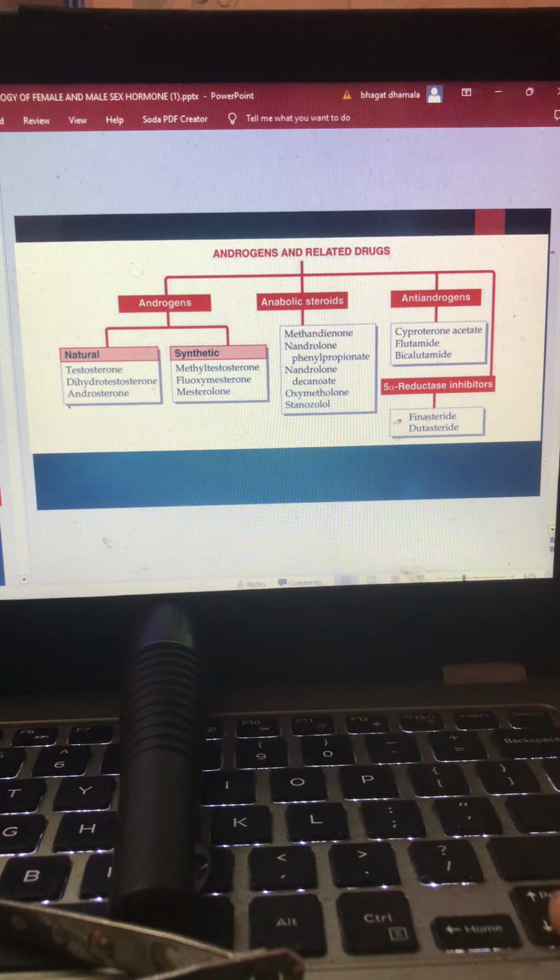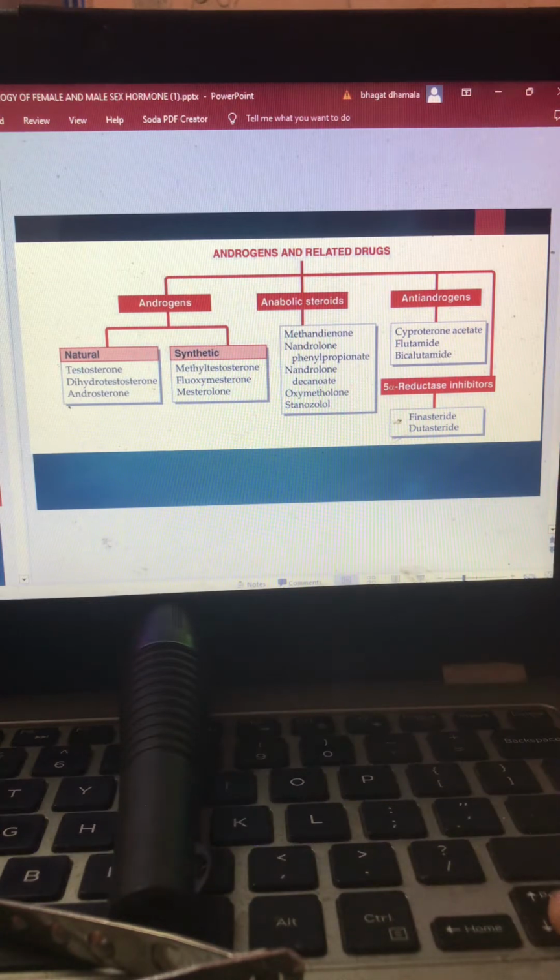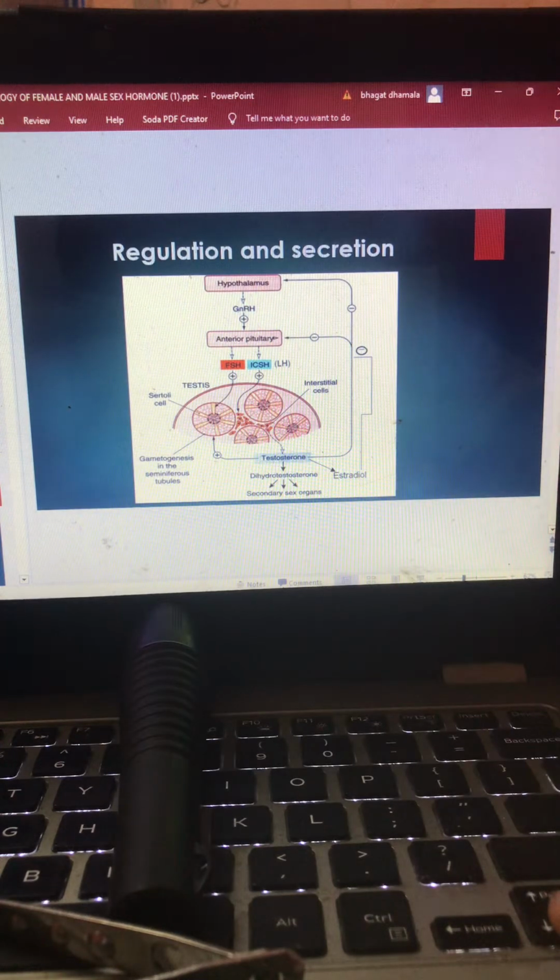The anti-androgens are cyproterone acetate, flutamide and bicalutamide, while the 5-alpha reductase inhibitors are finasteride and dutasteride.